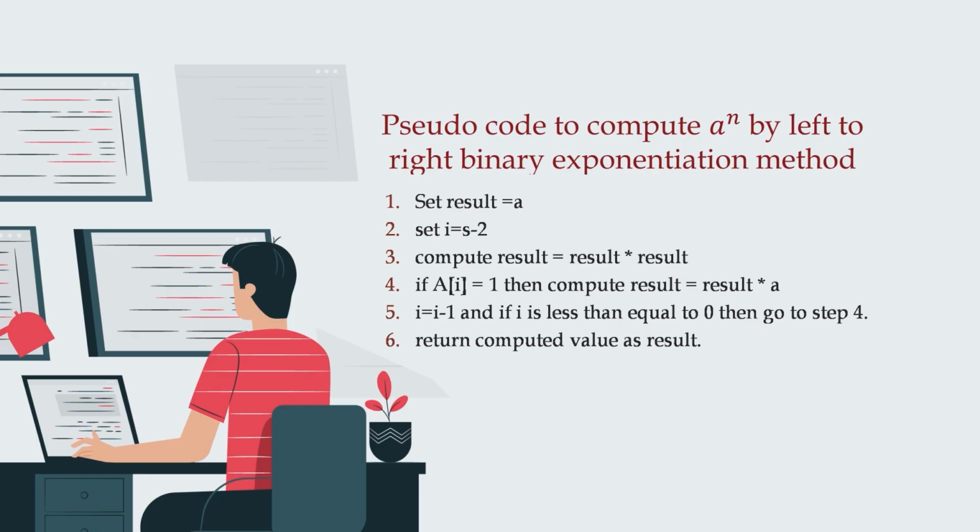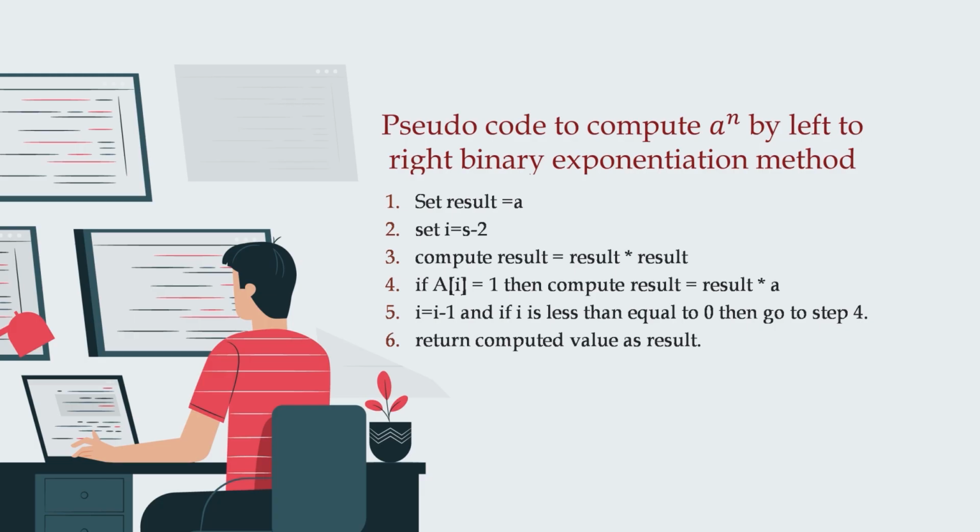There are 6 steps in the pseudo code to compute a to the power n by the left to right binary exponentiation method. Set result equal to a and set i equal to s minus 2. s is the number of digits of the exponent in binary form. We are calculating left to right, and result will be result into result.